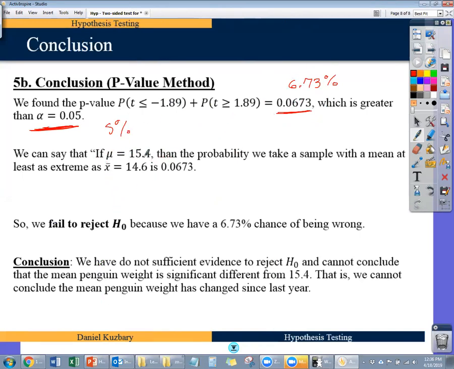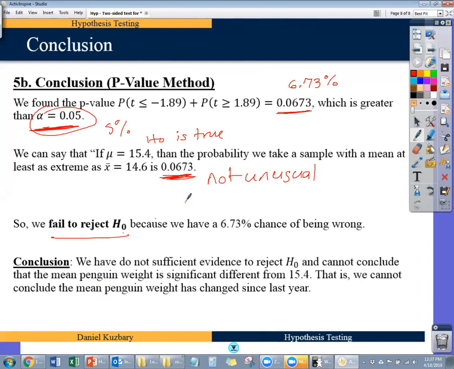In other words, if the mean didn't change, if H naught is true, then the probability that we take a sample with a mean at least as extreme as 14.6 is this number, which is not unusual enough. This is not unusual. Because we decided at the very beginning of the problem that 5% was going to be unusual. This is 6.73%, so it's not unusual.